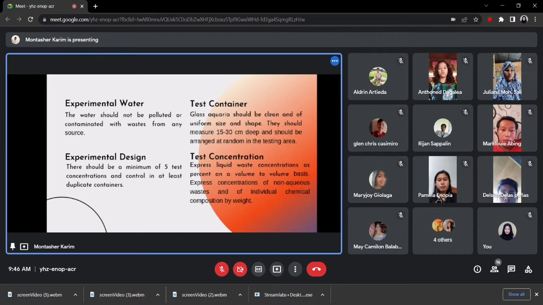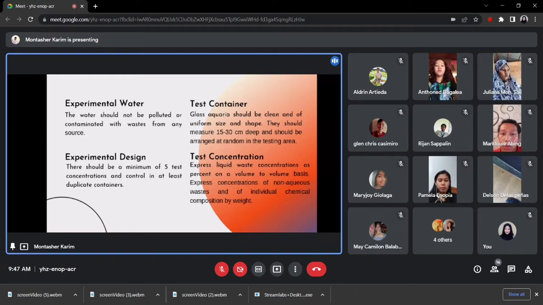And next is experimental water. The water should not be polluted or contaminated with the waste of any sources. Next is the experimental design. There should be a minimum of five test concentrations and a control in at least duplicate containers. Next, the test container. Glass aquaria should be clean and of uniform size and shape.